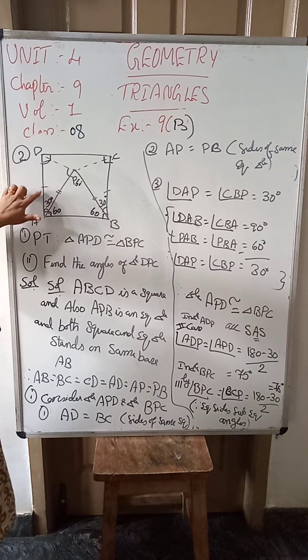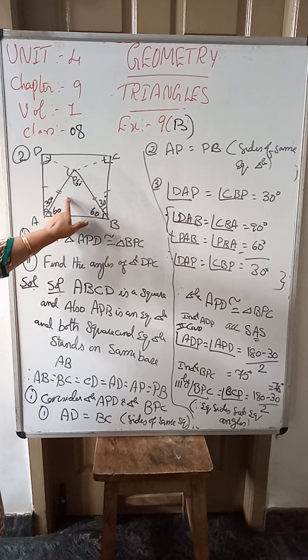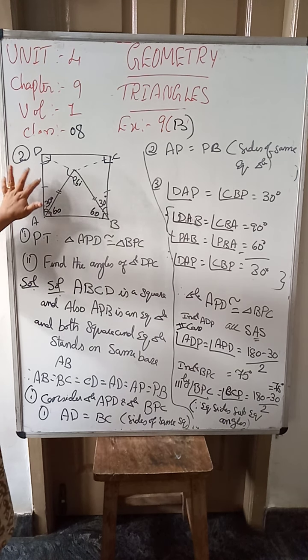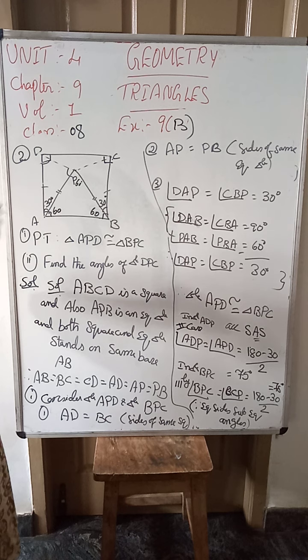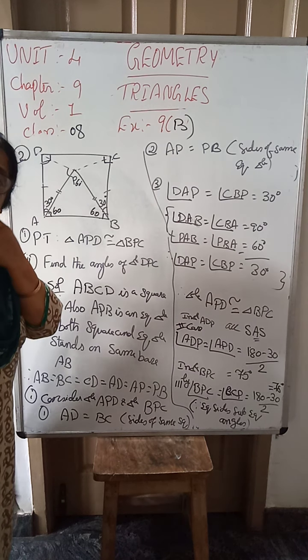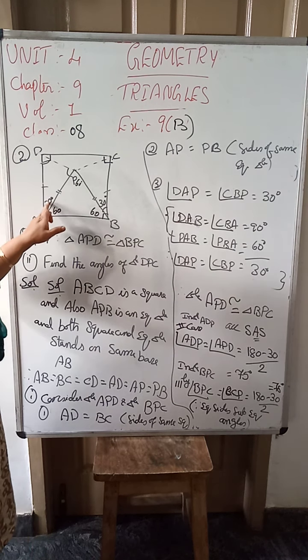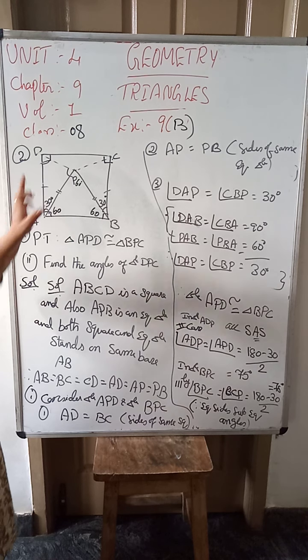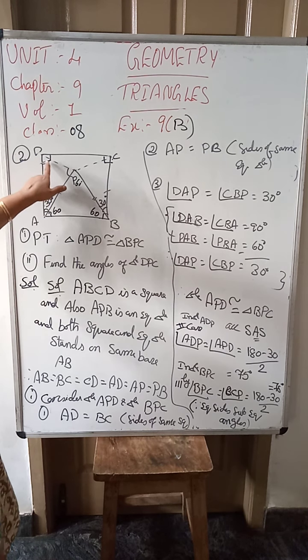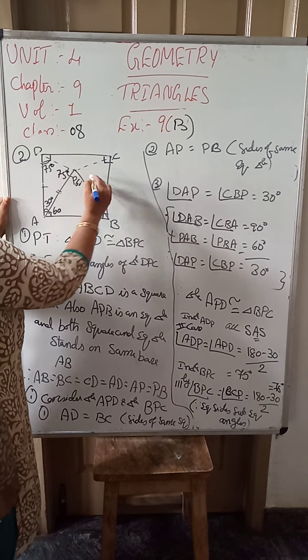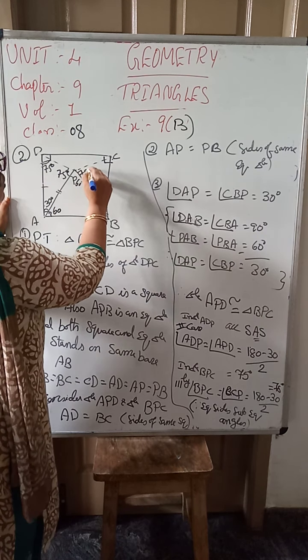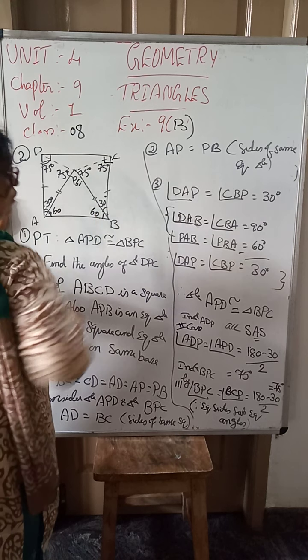Here AD is equal to AP. In an isosceles triangle, equal sides subtend equal angles. Already we know that angle DAP is equal to 30 degree. So, the sum of the angles of a triangle is 180 degree. 180 minus 30 is 150. 150 divided by 2 gets you 75 degree, and this is 75 degree. Similarly, here also 75 degree and 75 degree.